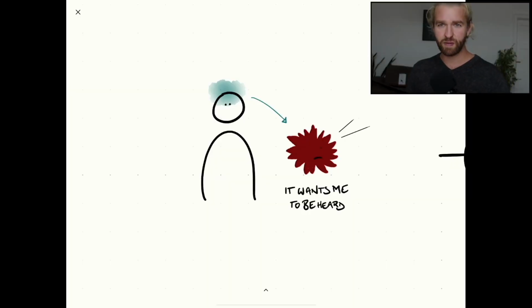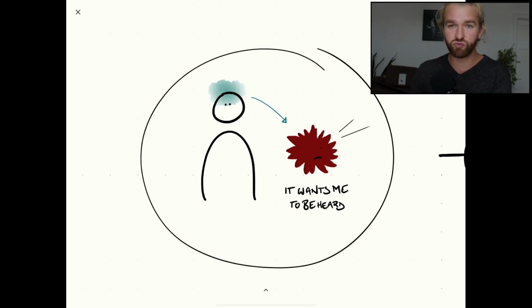And as it was further about fleshing out the part, about learning more about it, exploring it, what came up when she asked the part if there's anything it wants her to know is that the part really wants me to be heard. That's what she said. The part really wants me to be heard.